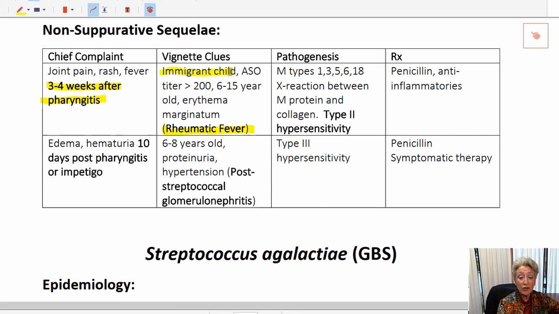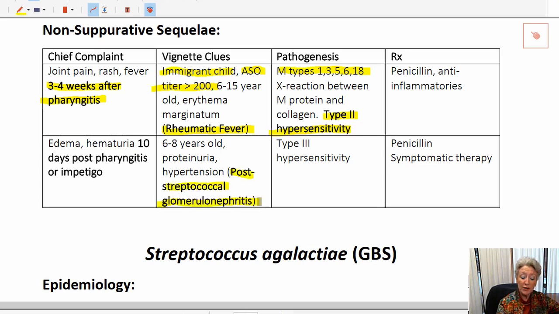Again, an immigrant child. I'm going to measure the antistreptolysin O titer, and anything over 200 is considered diagnostic. The M types tend to be the lower number serotypes of the M protein. And of course, it's a type 2 hypersensitivity, as we talked about before.